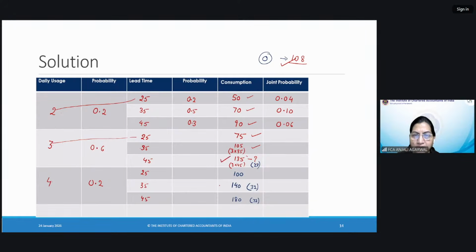This one, and this one. Probabilities are same, 0.2, 0.5, 0.3, 0.2, 0.5, 0.3.